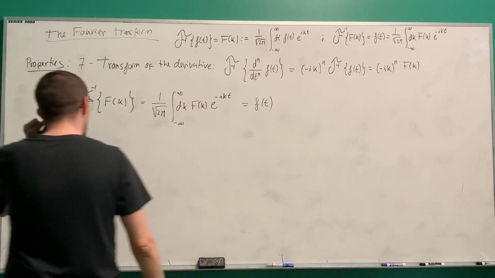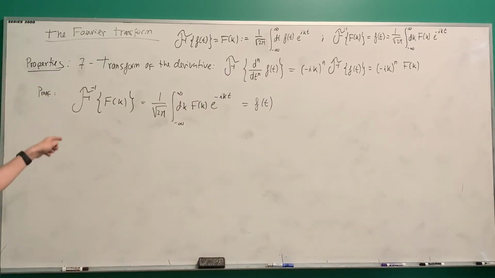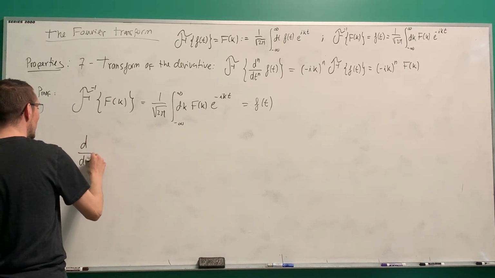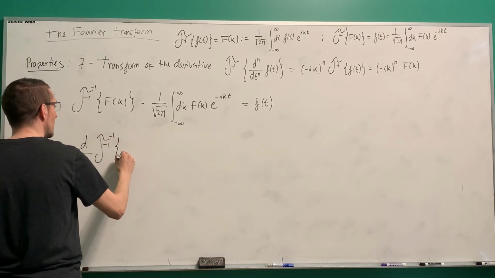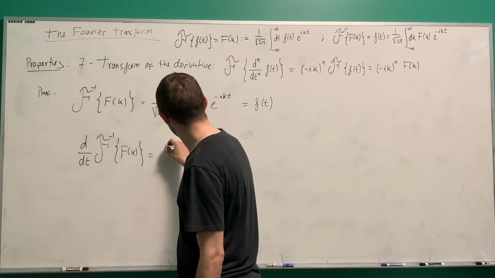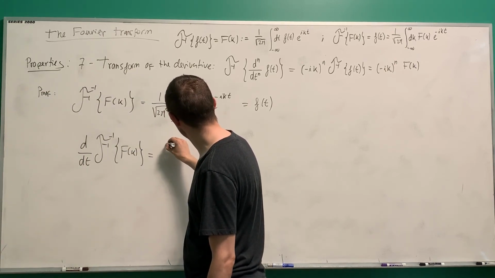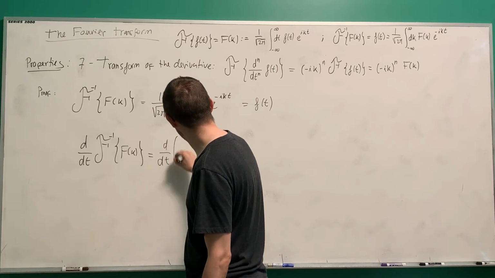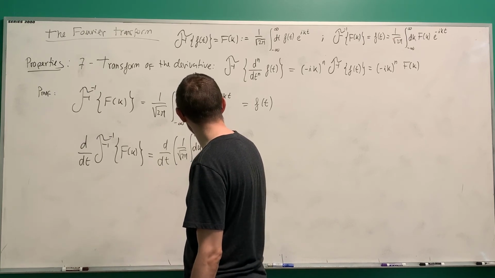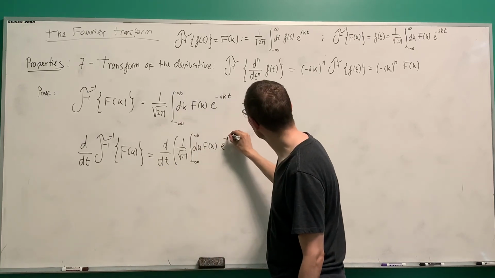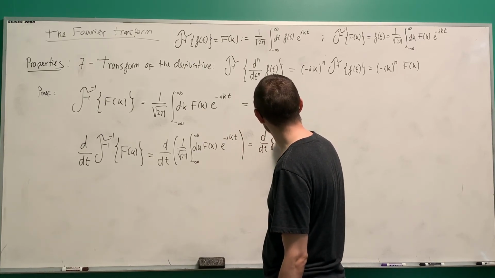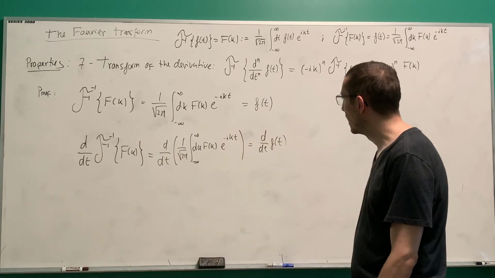So what I'm going to do is differentiate this with respect to t. I differentiate d dt of the inverse Fourier transform of f of k, that is d dt of 1 over root 2 pi, integral from minus infinity to infinity dk f of k e to the minus i k t, and of course this equals d dt of f of t, differentiating both sides with respect to t.